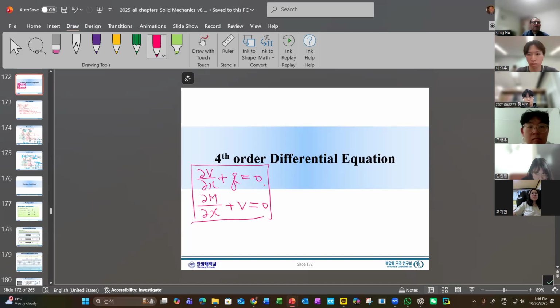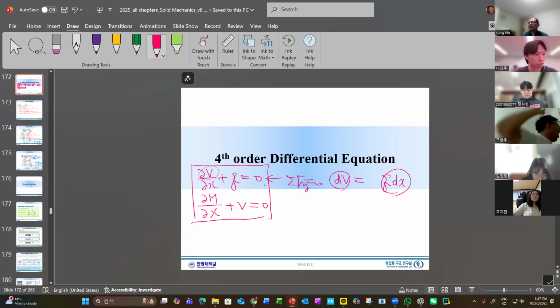This is a simple differential equation plus Q. This comes from the y-directional force equilibrium. You can say that a little bit of increment will be Q times dx. This is very obvious.